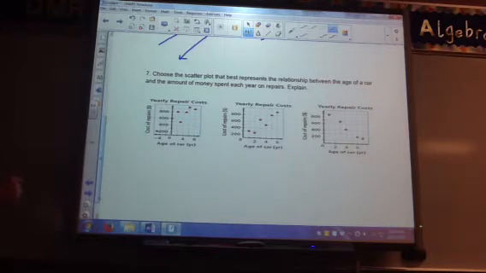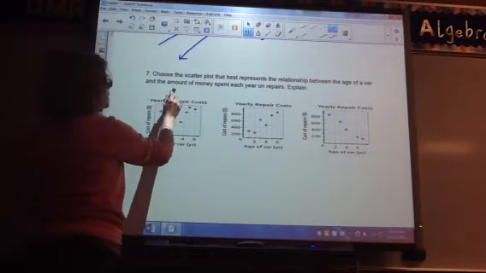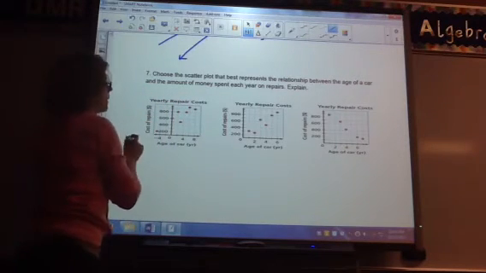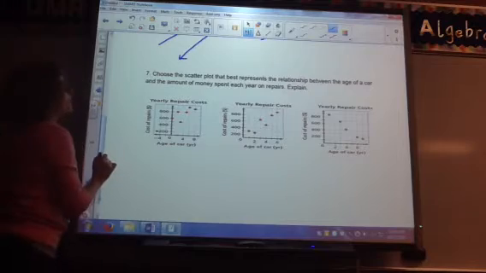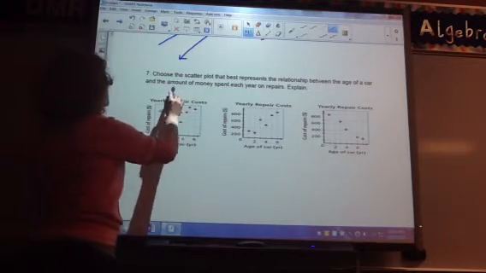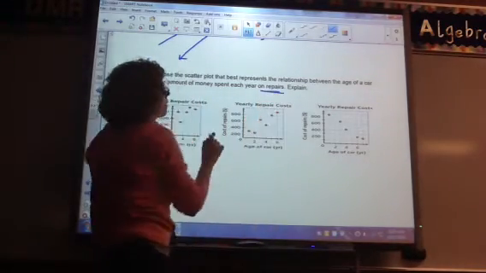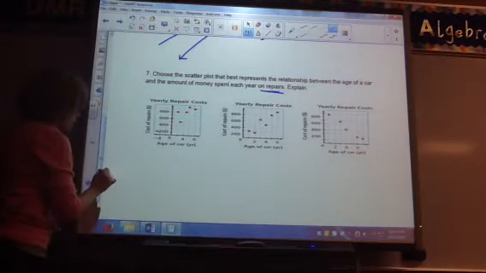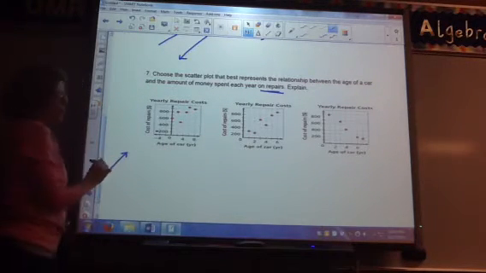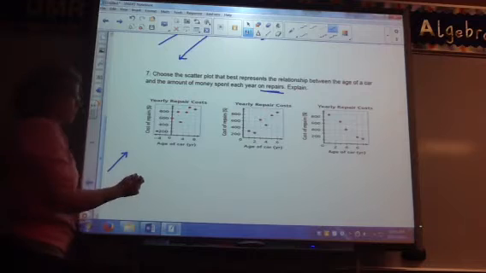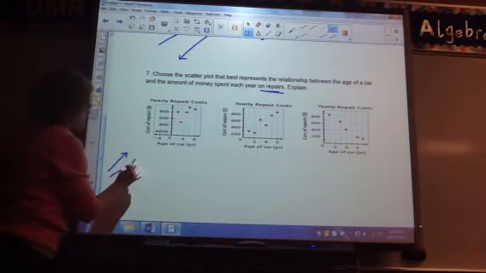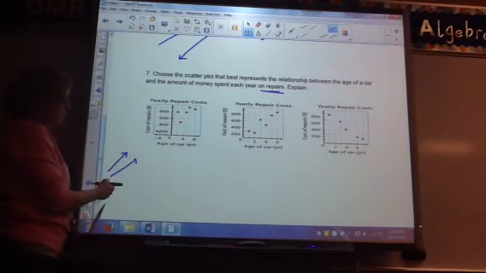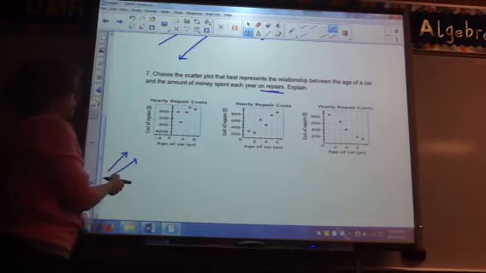Okay, choose the scatter plot that best represents the relationship between the age of a car and the amount of money spent each year on repairs. Okay, so as the age of the car gets older, what do you think happens with repairs on the car? It should go up. So what type of correlation is this? This is a positive correlation, okay?